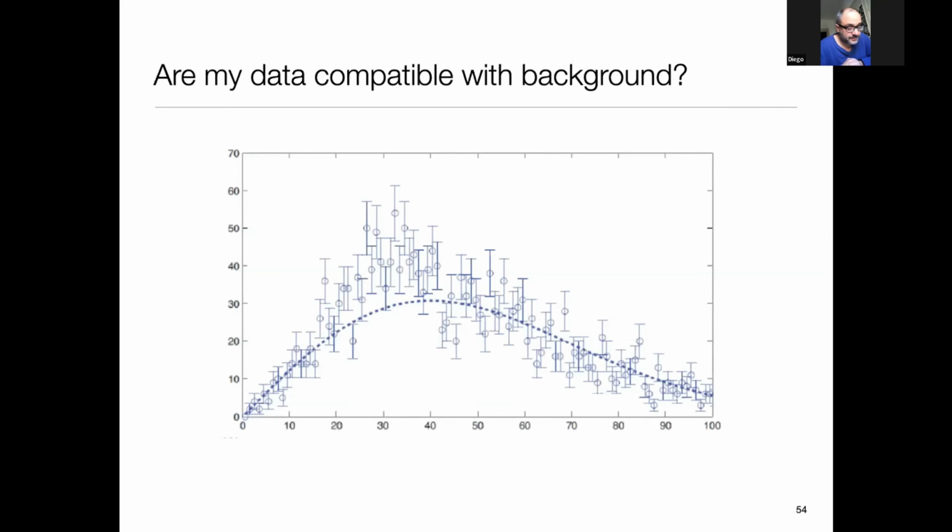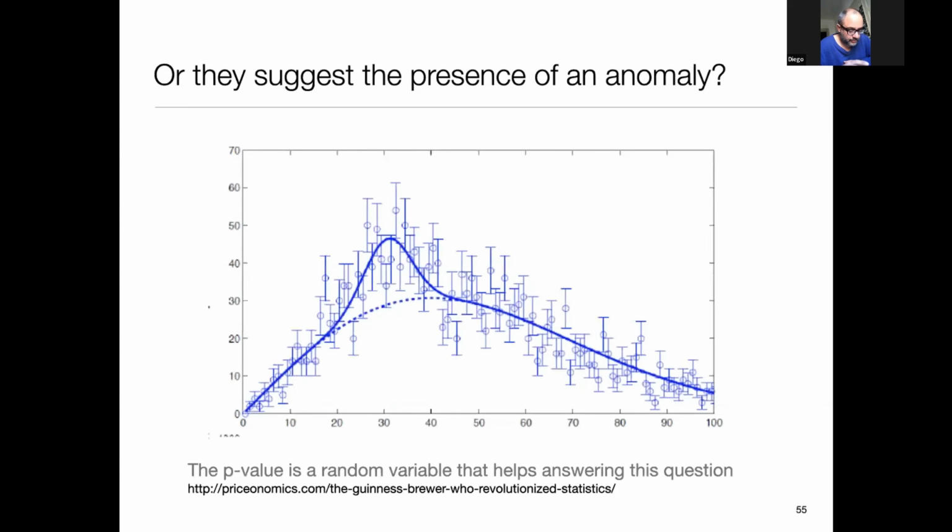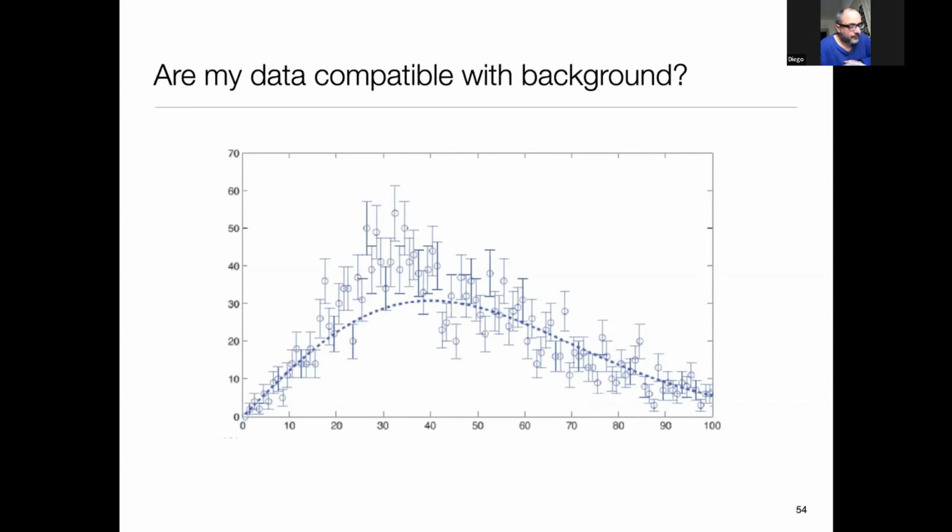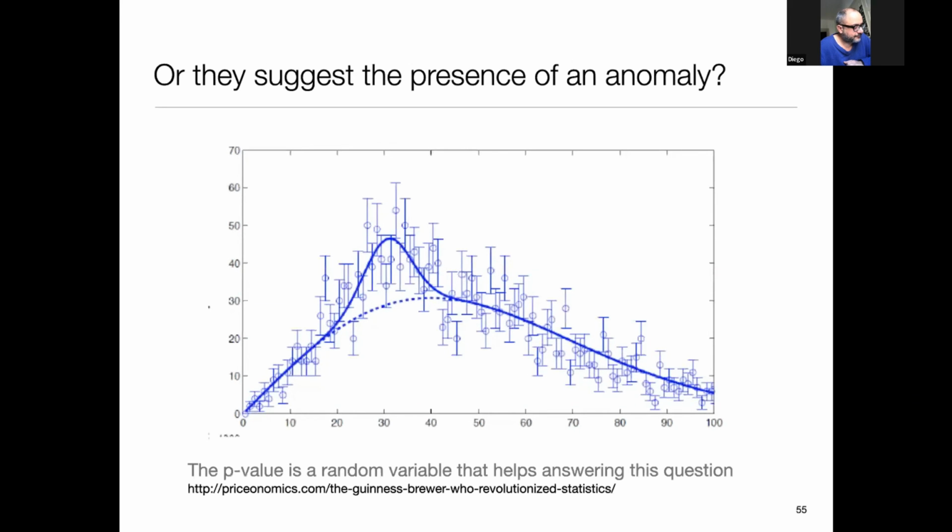So you have a distribution of data points shown here, and you have a model for your background, which is this dashed curve. And you want to know if your data follow properly the background model, or maybe if something could be there suggesting the presence of an anomaly. An anomaly can be a signal, or can be, you know, a problem in our instrumental apparatus, whatever.